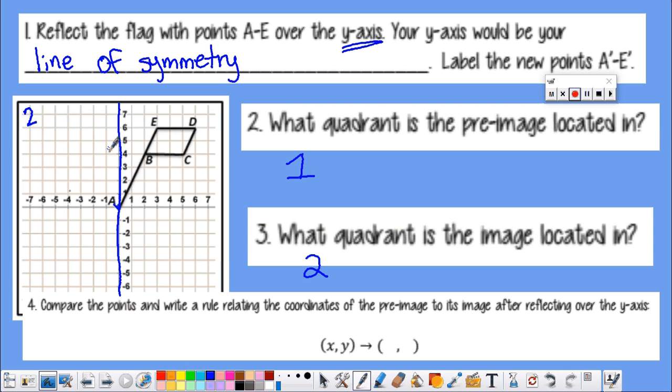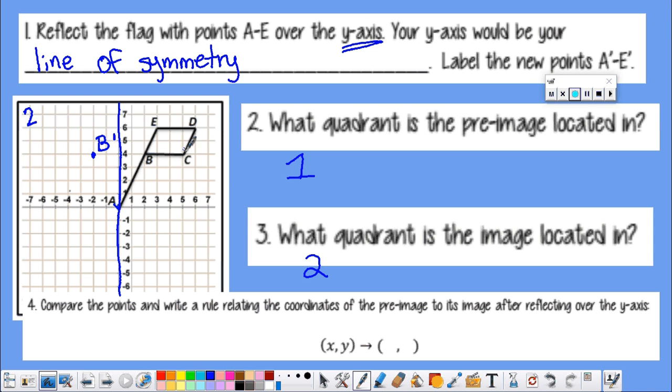So on the opposite side, B prime, the image, needs to be also 2 units away. So here's B, 1, 2, so I need to count over 1, 2, and so now that point right there is going to be my B prime location. Okay, let me get my pen set here. There we go. All right, B prime.